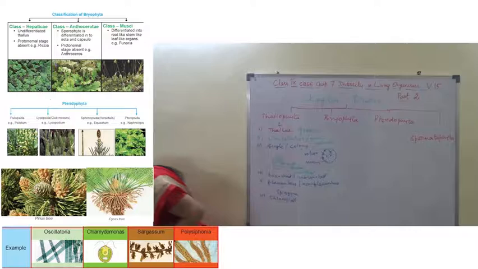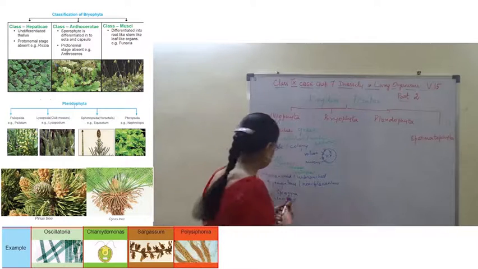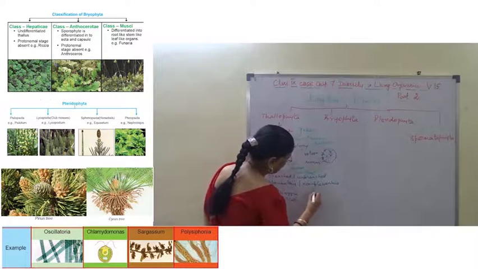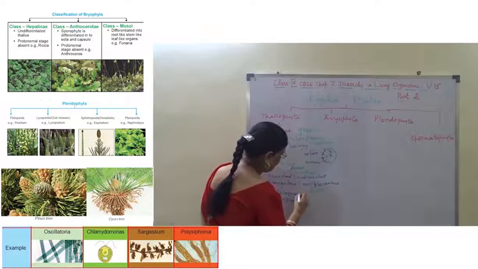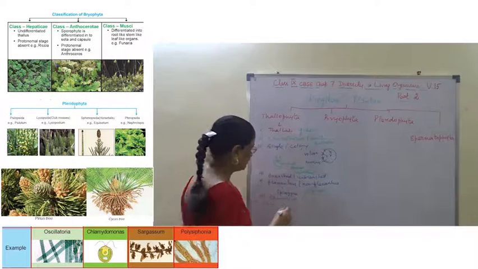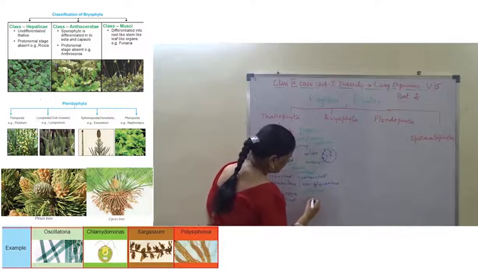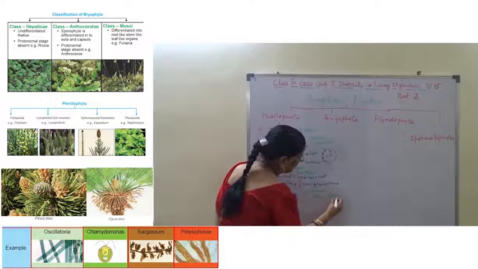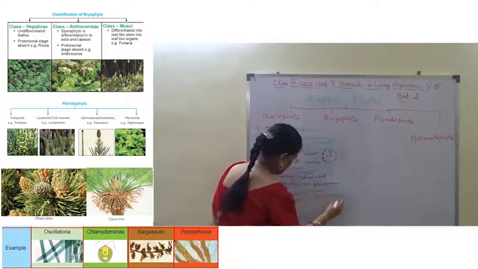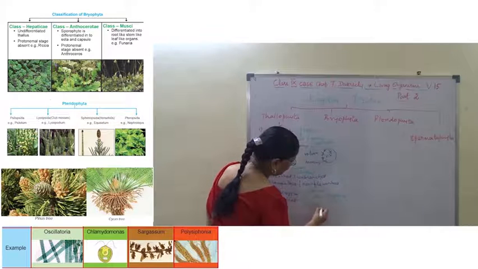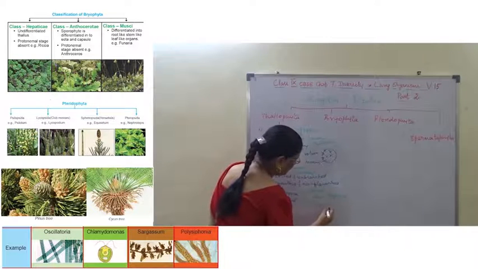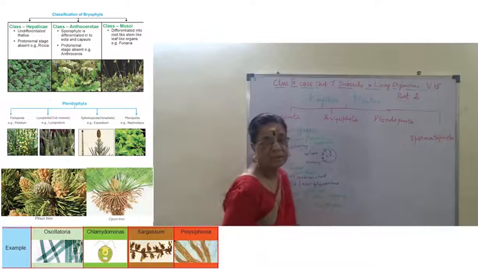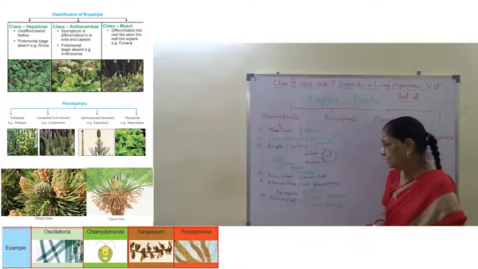The chloroplast may be of different shapes: spiral-shaped in Spirogyra, star-shaped in an alga called Zygnema, or cup-shaped as in Chlamydomonas. I hope you follow this.